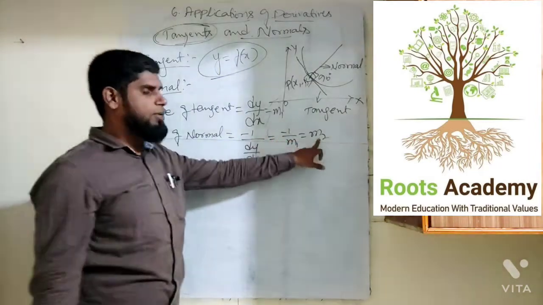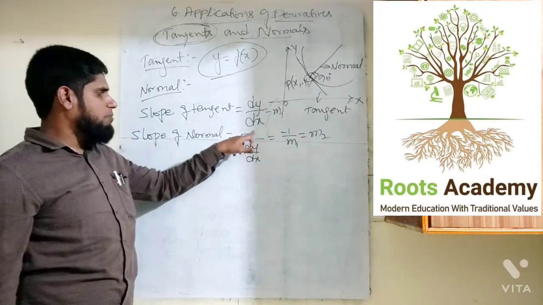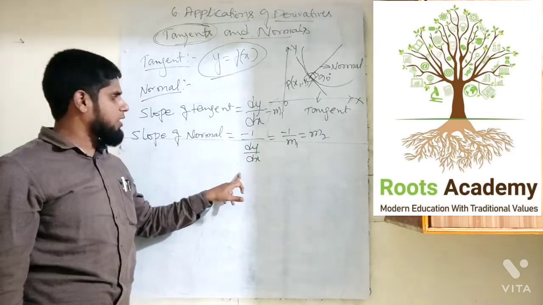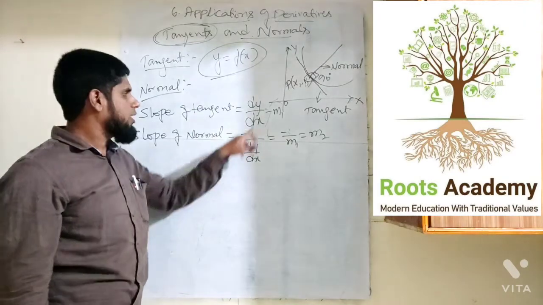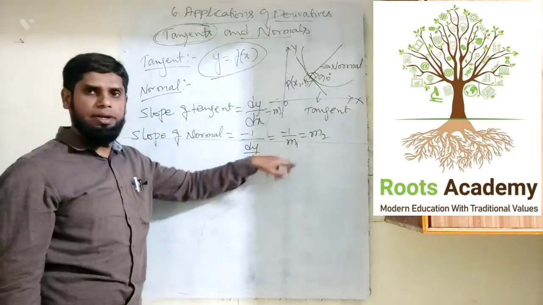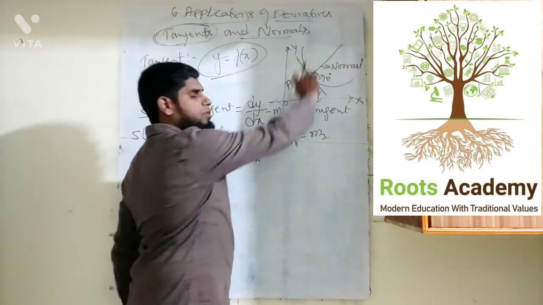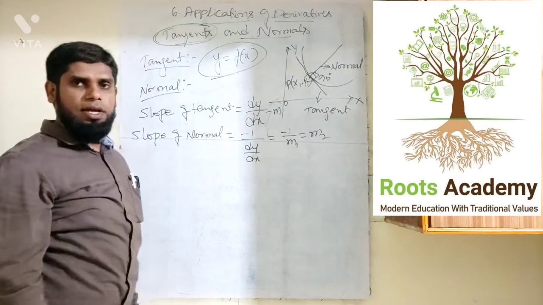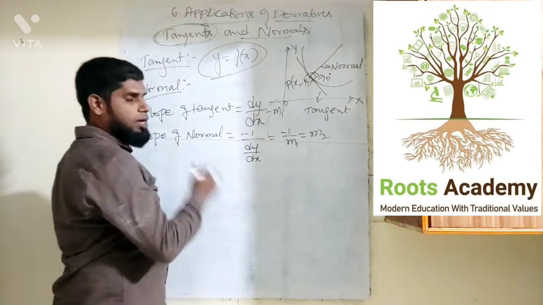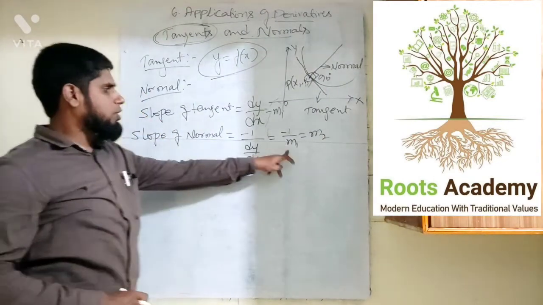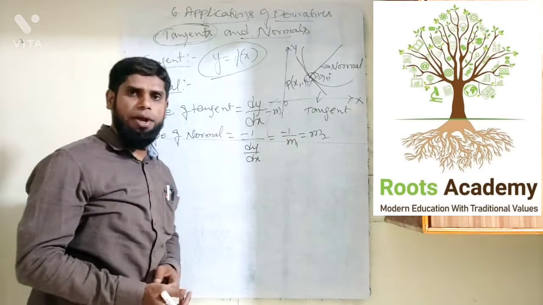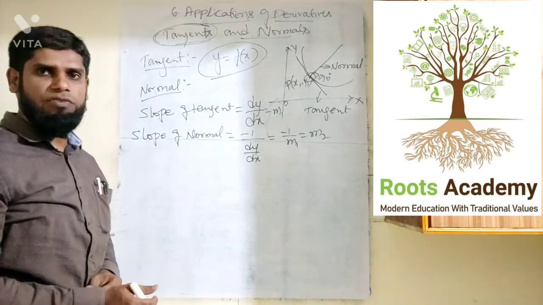The slope of the normal is m2, and its representation is minus 1 divided by dy by dx, where dy by dx is m1. So students, for any two lines which are perpendicular, the product of the two slopes is equal to minus 1. This we already discussed in our first PUC.